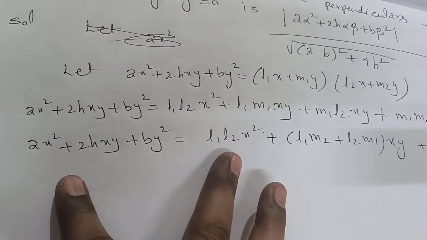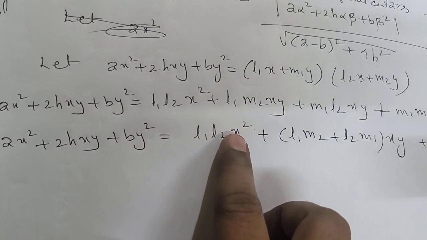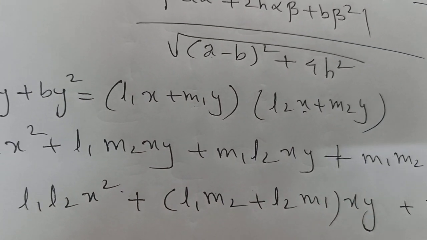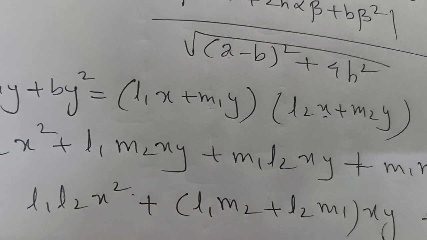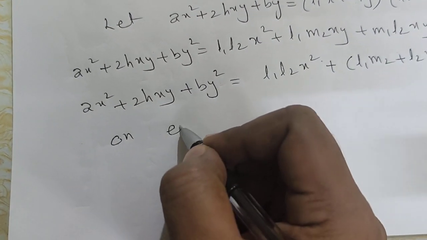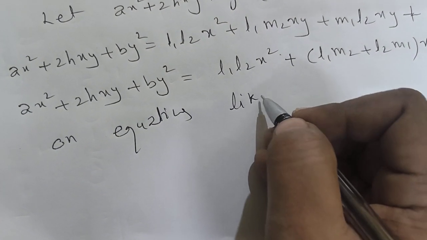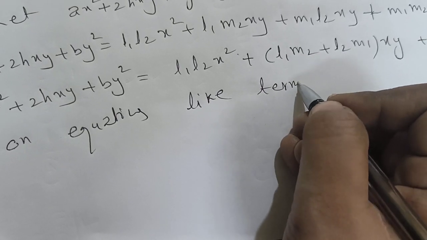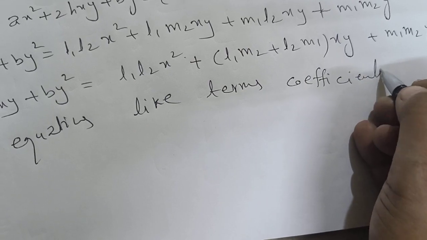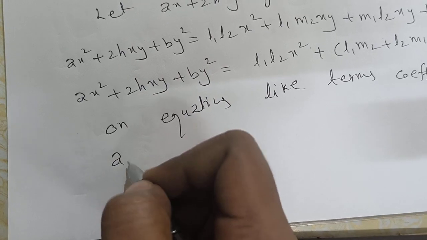Now we have to equate the coefficients of like terms. Coefficient of x square is a, coefficient of x square is L1 L2. Now on equating like terms coefficient, x square means its coefficient is a.